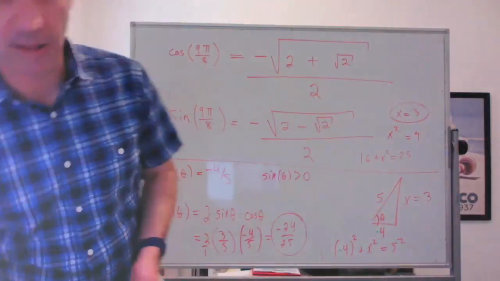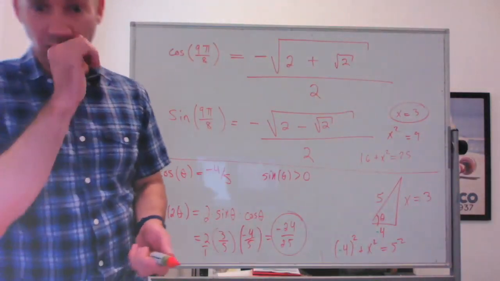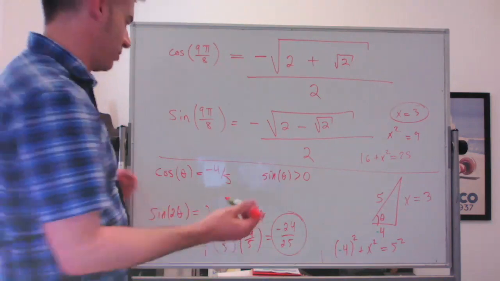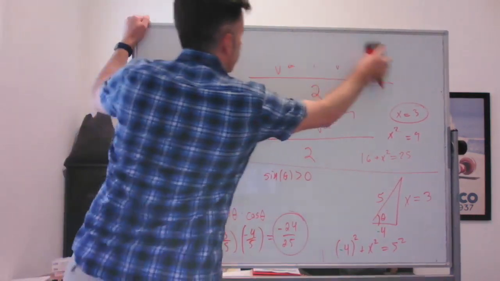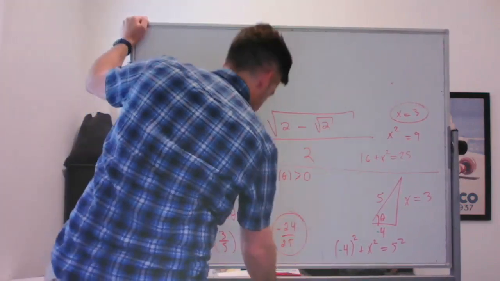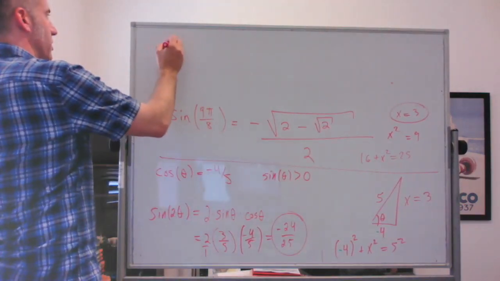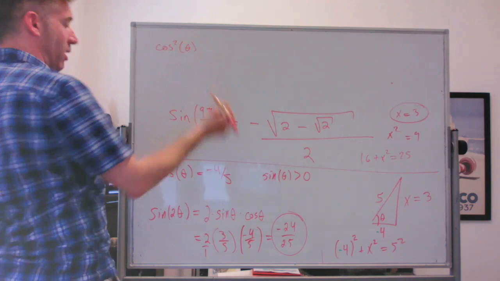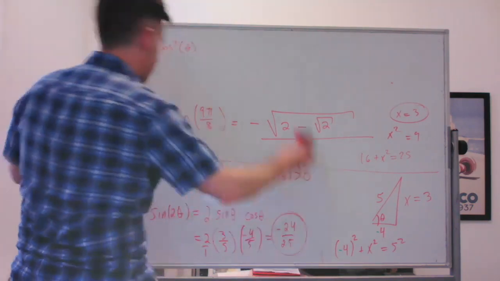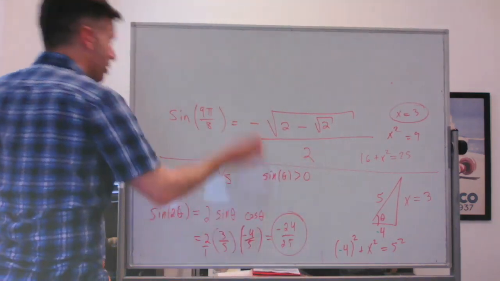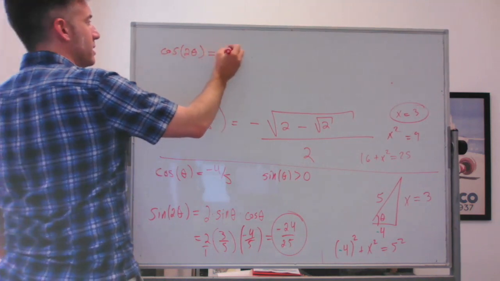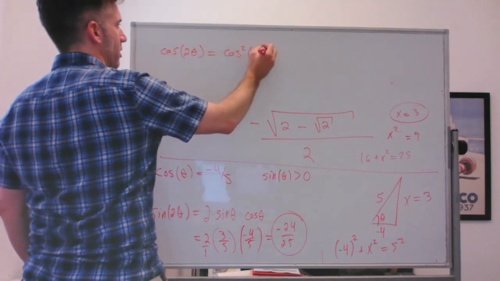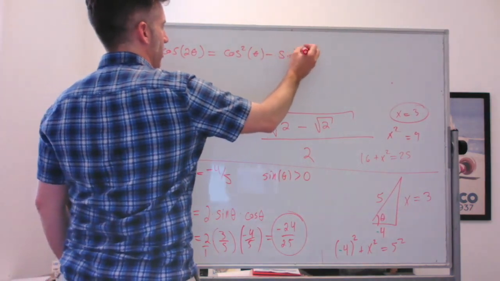And the same kind of idea for 3B is you'll use the cosine formula. Cosine of 2 theta is equal to cosine squared theta minus sine squared theta.